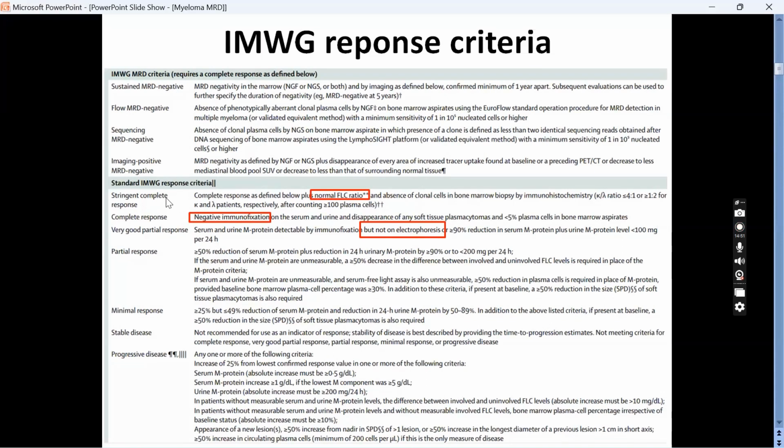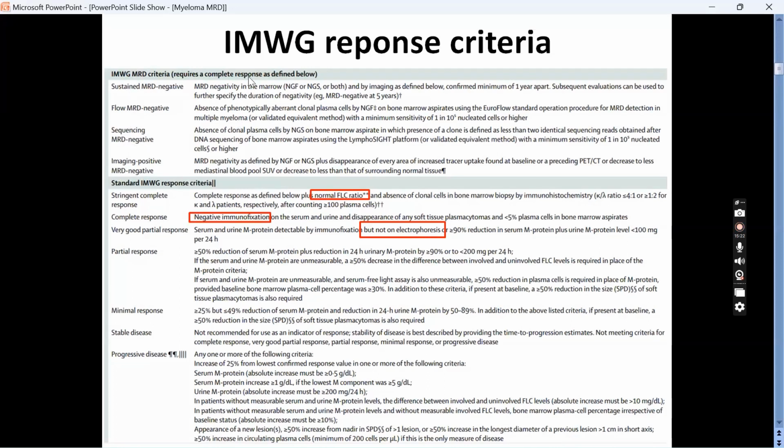Once a patient has attained a stringent complete response in multiple myeloma, he is eligible to be checked for residual disease by one of these techniques: sustained MRD negativity, flow MRD negative, sequencing-based MRD negative, or imaging plus MRD negative. So again, you need to do an MRD by one of these two sensitive techniques, flow or sequencing.